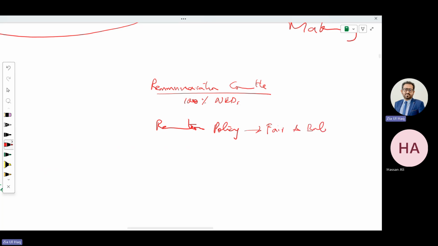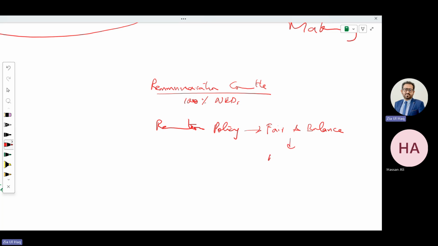Fair and balanced means they should avoid paying too high to any of the directors, because if the company is paying too high to the directors, there will be allegations from the shareholders. Not only avoidance of paying too high, there should also be avoidance of paying too low.